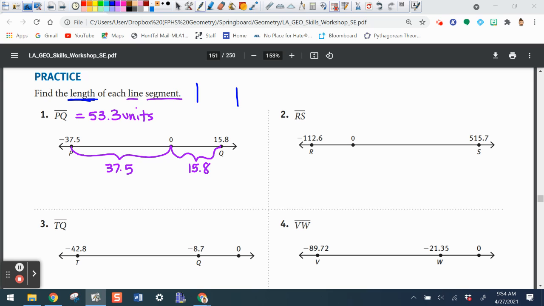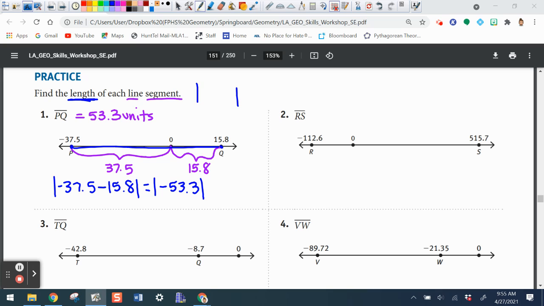That's because subtraction is referred to as change. We are essentially taking P and changing its location to Q and finding the distance between those two things. So we can take P and subtract Q: the absolute value of negative 37.5 minus 15.8. Negative 37.5 minus 15.8 is negative 53.3 units.